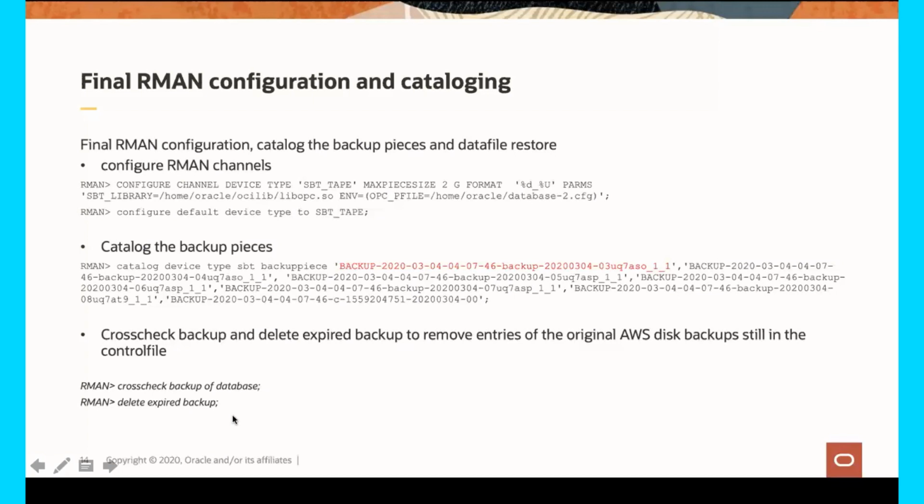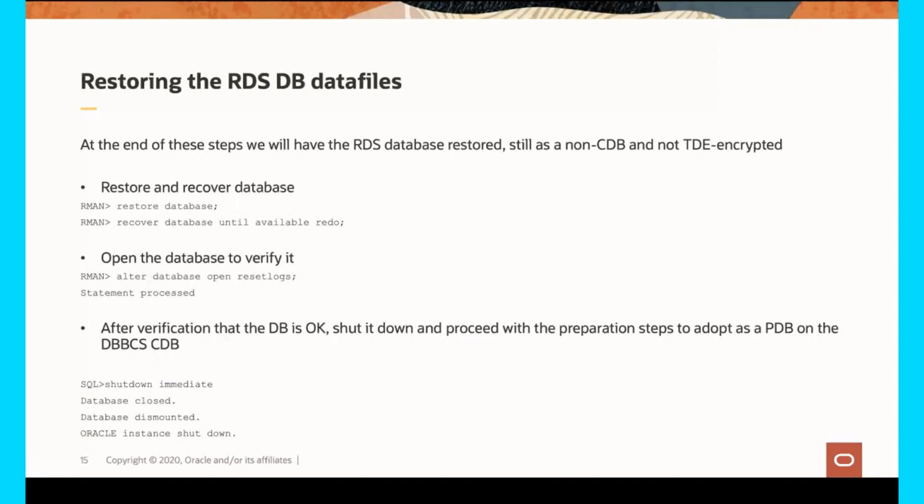So basically we remove those entries for those disk backups from the control file because RMAN will not find them anymore. And it will still find the ones that we just cataloged. Okay, so we will have consistent control file information about backups with what we really have, which is a backup in object storage in the cloud. And once it's done, we're ready to do the actual database restore.